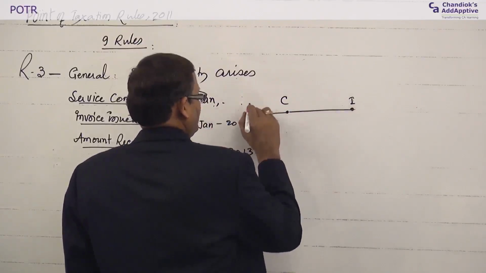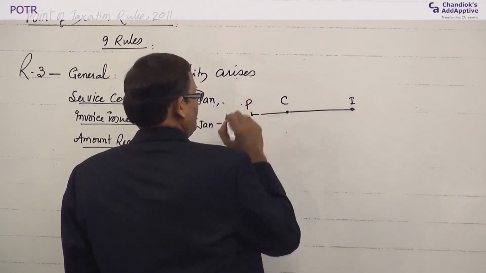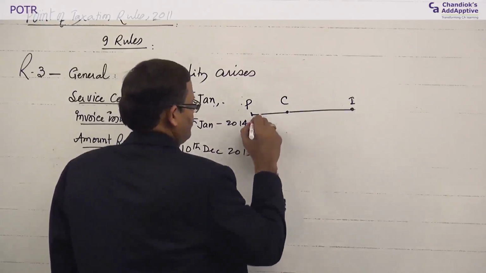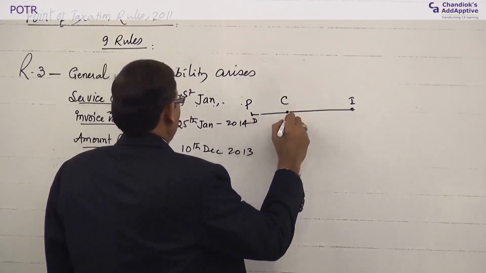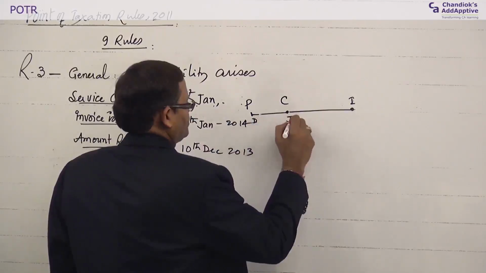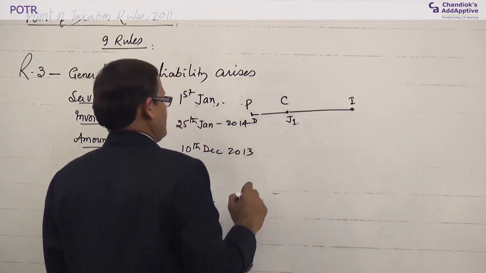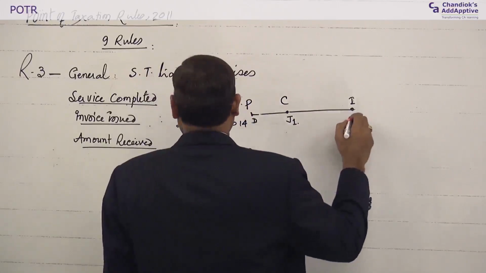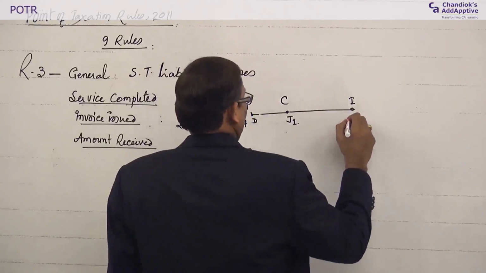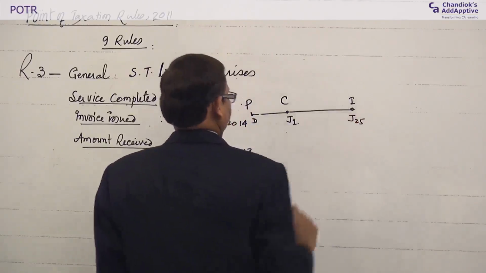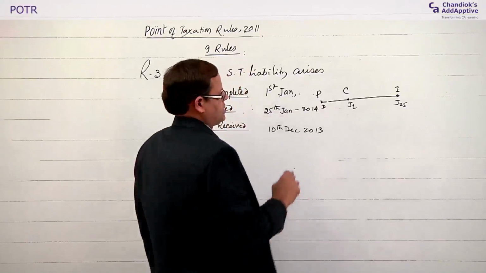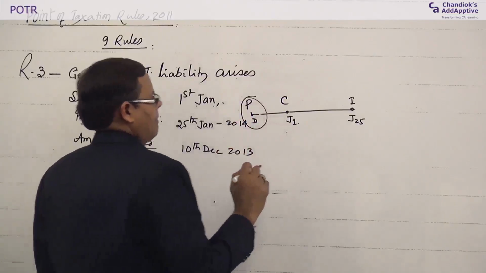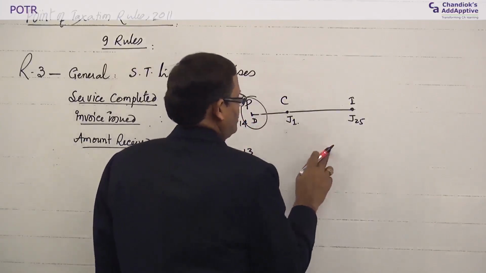So, you have received payment here. Payment is first, received in December, and the service completed on January 1st, and here the invoice has been issued on January 25th. So the payment is first.